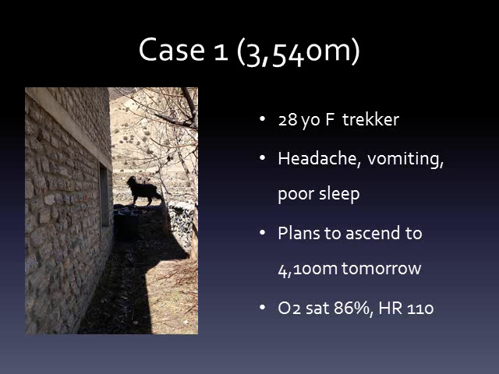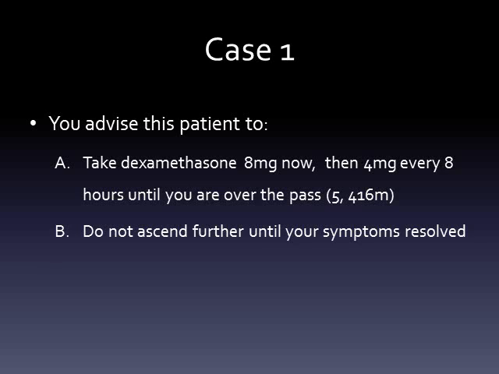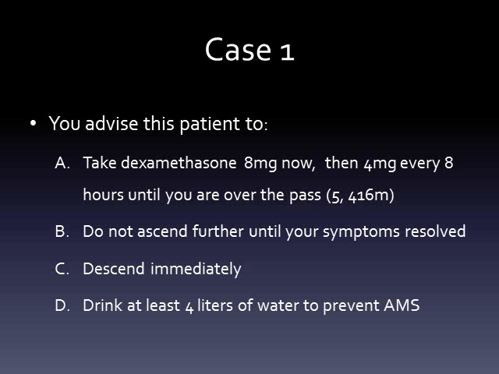What do you advise this patient? A. Take dexamethasone 8 milligrams now, then 4 milligrams every 8 hours until you're over the pass. B. Do not ascend further until your symptoms resolve. C. Descend immediately. D. Drink at least 4 liters of water to prevent acute mountain sickness.